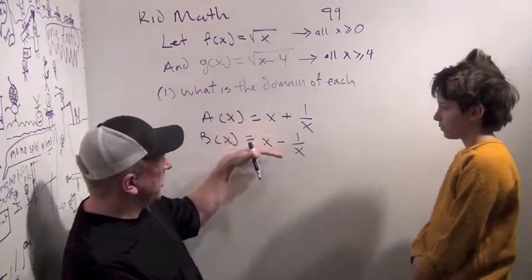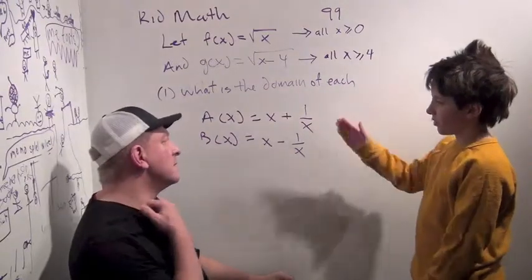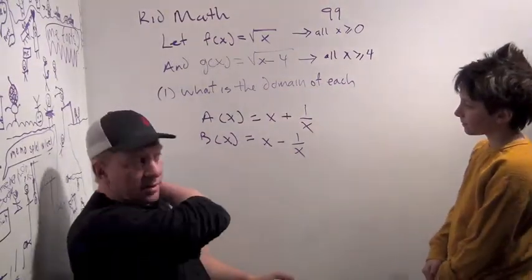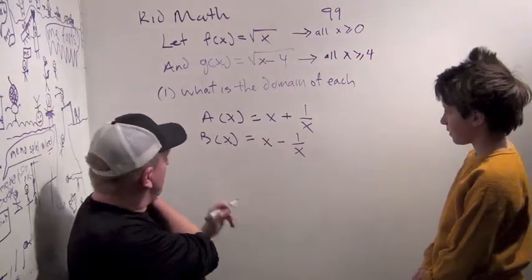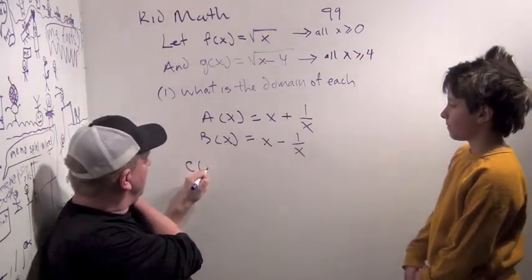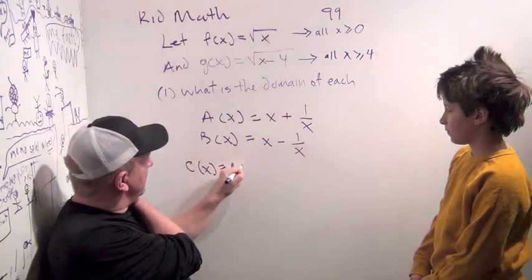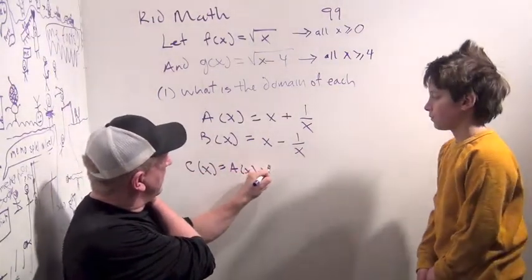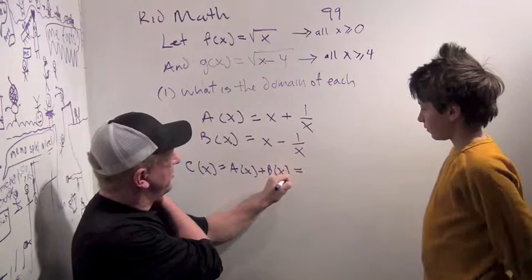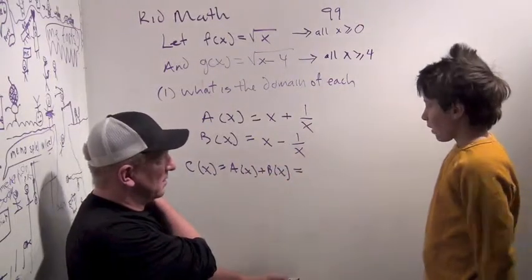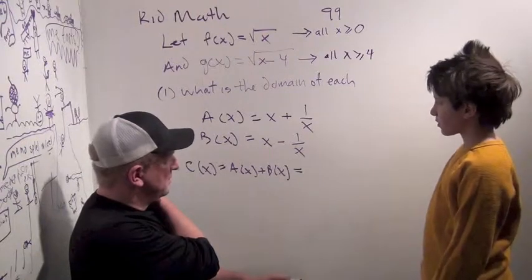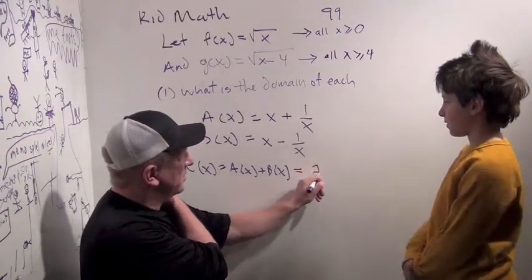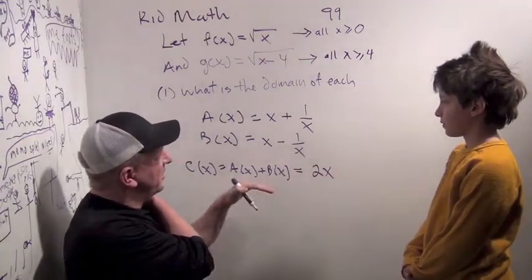What are the domains here? 0 doesn't work for either of them, but all other numbers work. Now if I let c of x equal a of x plus b of x, it's x plus 1 over x plus x minus 1 over x, which is 2x. What's the domain here?